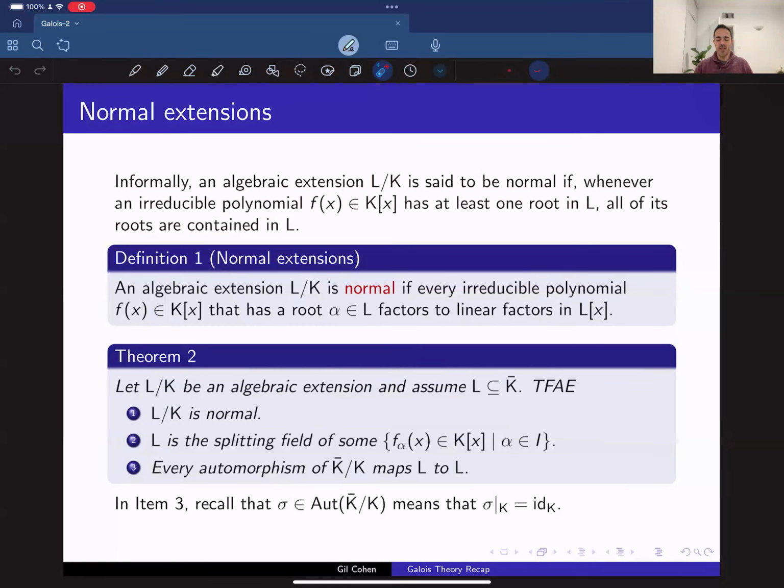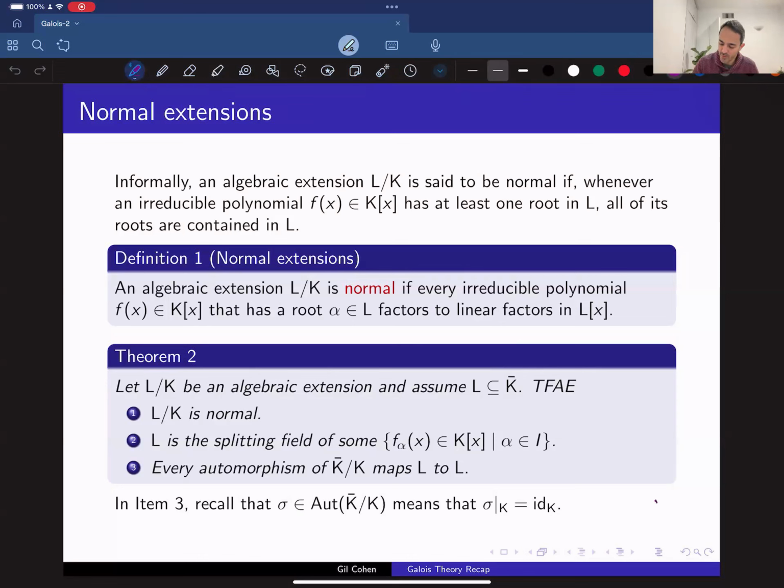We denote it by K bar. And then a known result tells you that every algebraic extension L, even if technically it's not contained as a set in K bar, there is an isomorphism that embeds this algebraic extension into K bar.